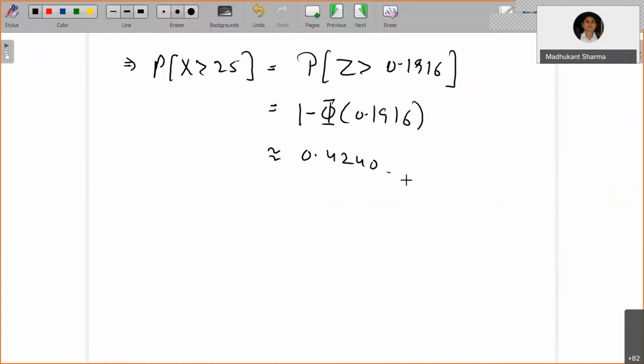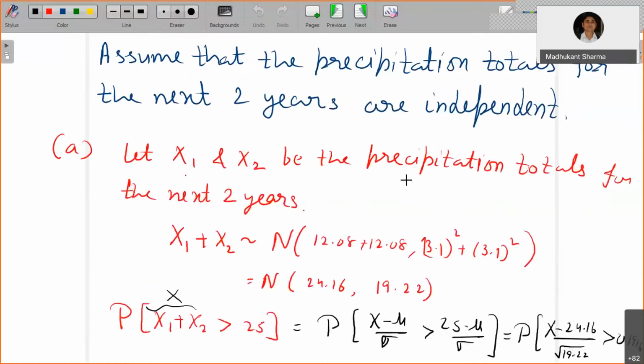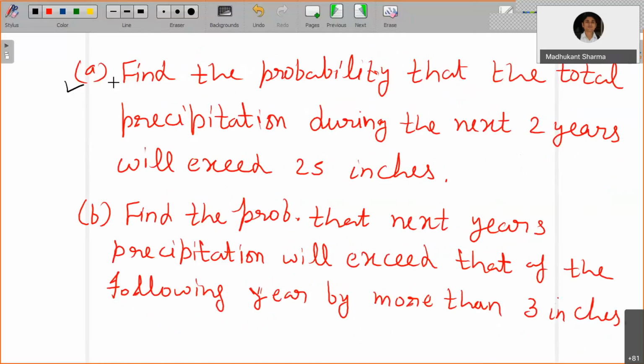Okay, right. Now the next part is find the probability that, so this is done, find the probability that next year's precipitation will exceed that of the following year by more than 3 inches.